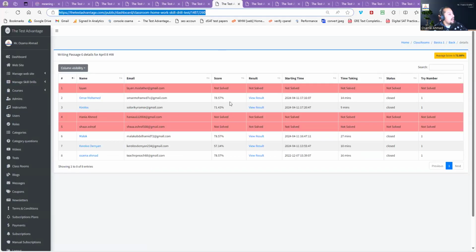So we're going back to writing passage number 6. For Omar and Carlos and Malak, that's a very good job. We're going in the right direction, a very good direction. I mean, I want to tell you, students tell me that after a year of taking lessons, not with me of course, they still don't pass 60%. So it's something that makes me pull my hair out. So it's a very good job, very good scores. KD, you see you're at the 57% mark.